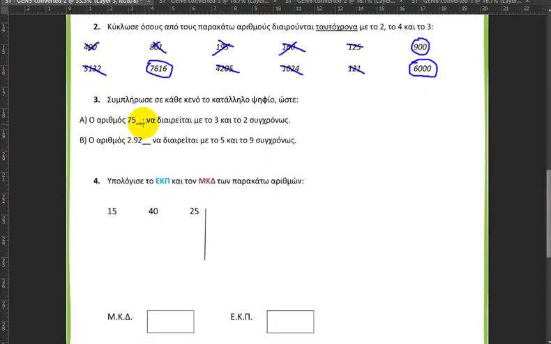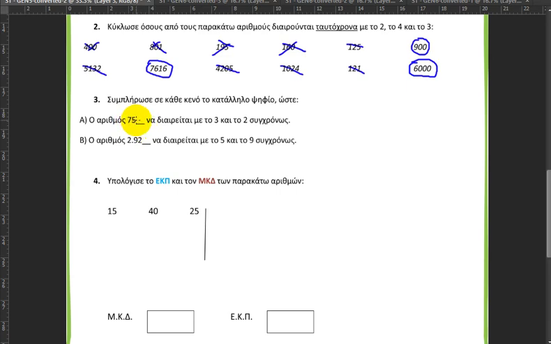Okay, we want to fill in the blanks so that this number is divisible by both 3 and 2 at once. So in order for it to be divisible by 2, we can either have 0, 2, 4, 6, or 8 here, right? Well, we need to think what needs to go here to make it so that the sum of the digits is divisible by 3.